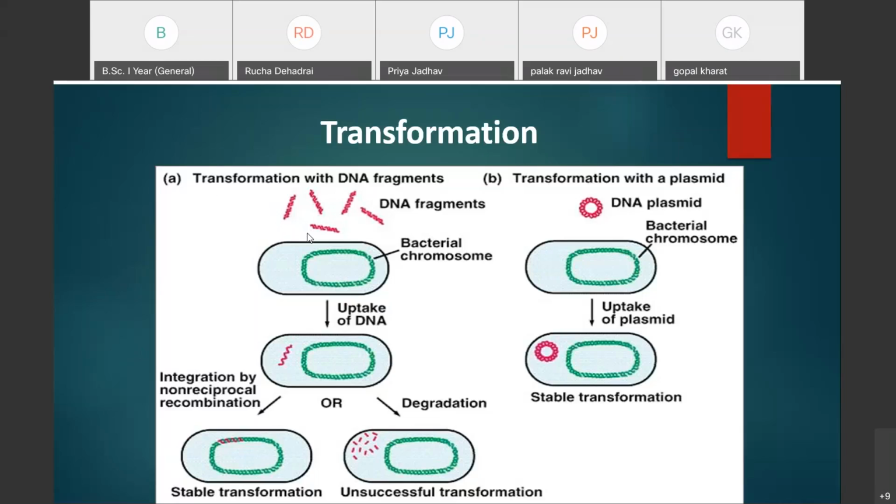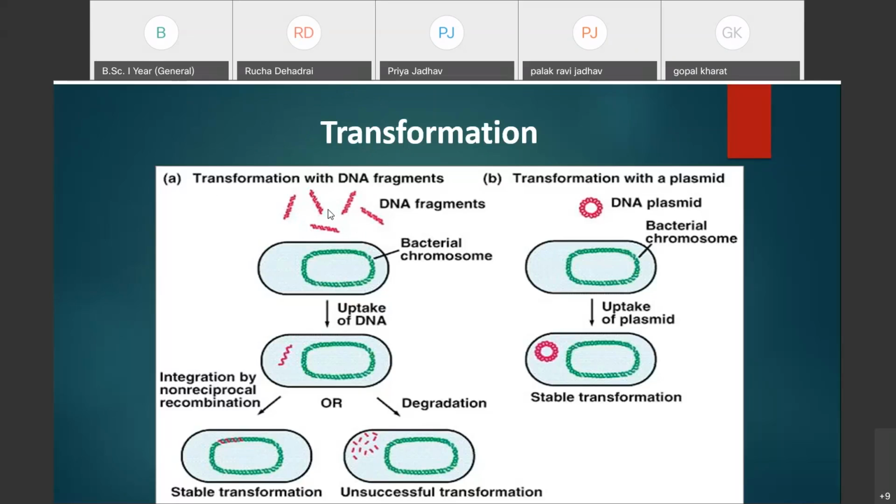Okay, that means conjugation is the method in which the genetic recombination is mediated by the plasmid, but transformation is the method of genetic recombination in which the transfer of genetic material is mediated through the liquid medium in which the bacterial cells are growing.